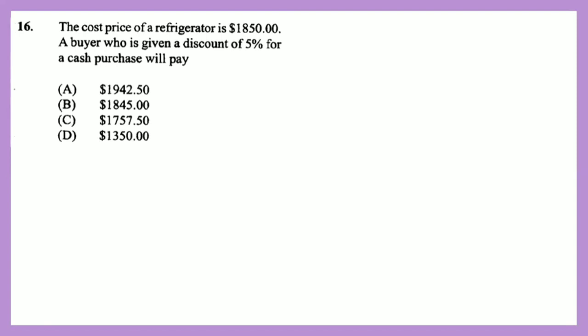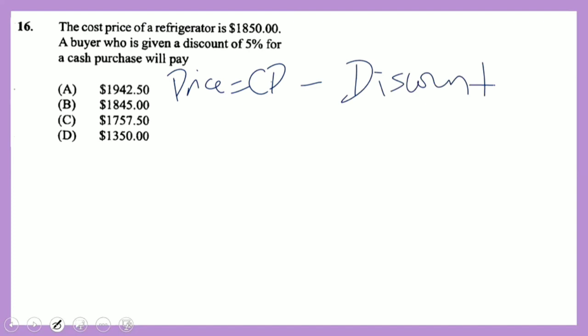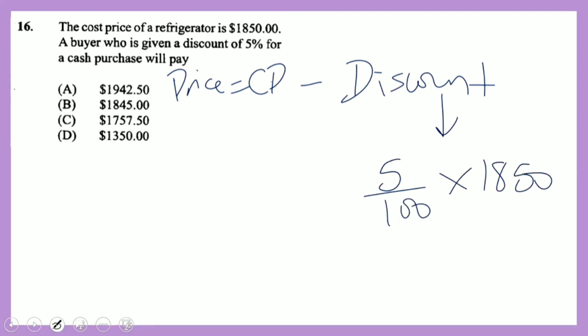All right, so of course, the price that the person will buy it for, the final price, is going to be the cost price minus a certain discount. And so we go find the discount. 5% off $1,850.